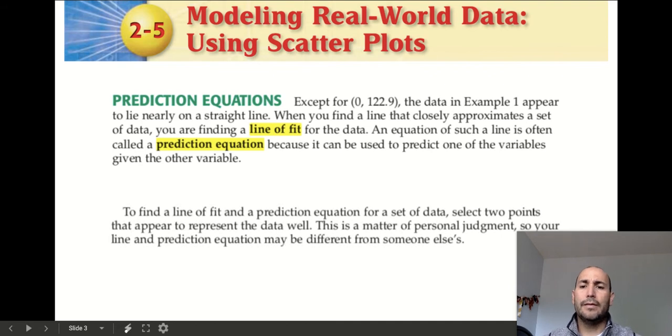To find a line of fit and prediction equation for a set of data, typically you select 2 points that appear on the line and then use those 2 data points to help you come up with an equation, just like we've done in previous lessons. The line of best fit and prediction equation can vary from person to person, depending on what 2 points you pick. You always want to try to pick the 2 points that best fit the pattern of the data.